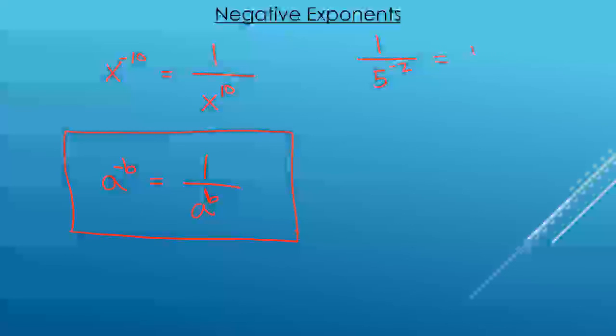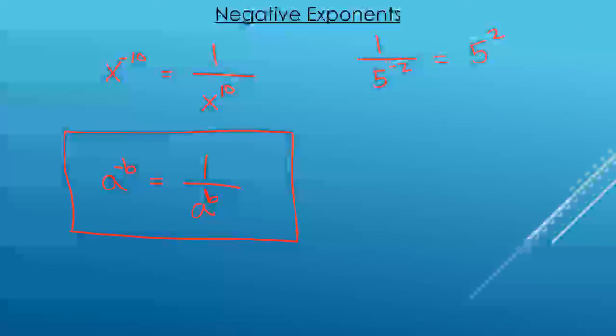This becomes 5 to the 2. So the takeaway here is whenever you see a negative exponent, it changes positions. It moves either up or down, depending on where it starts, to the opposite position. And then you pay for that, so to speak, by changing the sign on the exponent.